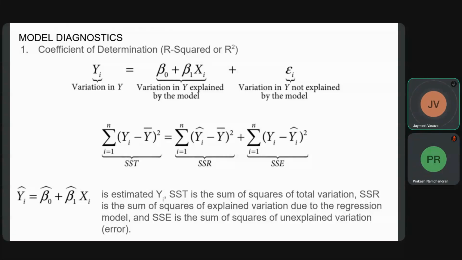Now beta 0 plus beta 1 xi will be substituted with a summation of i equals 1 to n, yi hat, the estimated value of the ith observation of y, minus y bar whole square, which is nothing but the sum of squares of regression, the explained variation due to the regression model. Then that term is added with the summation of i equals 1 to n, yi minus yi hat whole square, the sum of squares of errors.